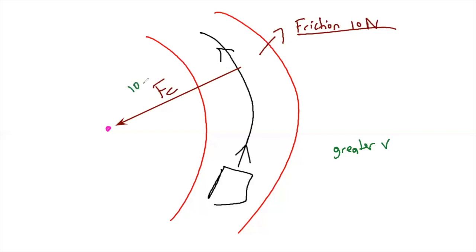If in the past I had a centripetal force of 10 newtons, basically a friction of 10 newtons providing this centripetal force, now let's say this is my required centripetal force to make this turn because my velocity is greater. But I know that the road can only give me 10 newtons. So where in the world am I going to get the other 10 newtons from?